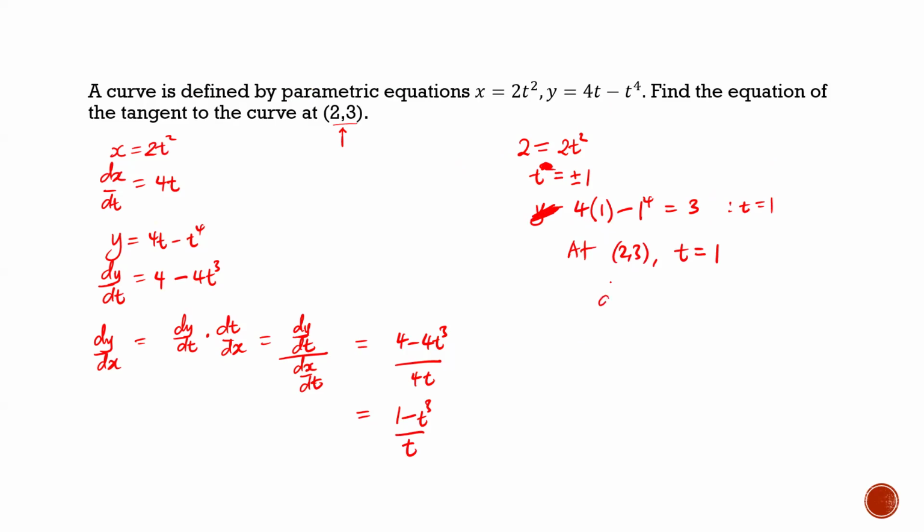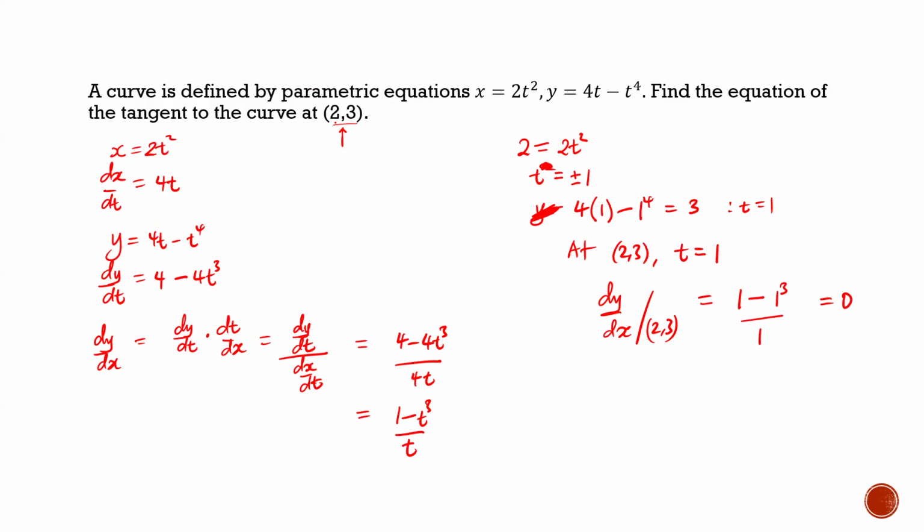And so dy/dx at the point (2, 3) is equal to (1 minus 1 cubed) over 1, which is 0. So the gradient of the tangent to the curve at the point (2, 3) is 0. So what do we do?